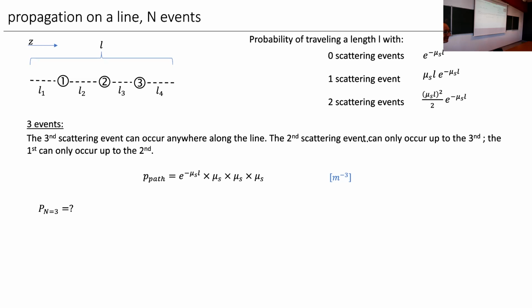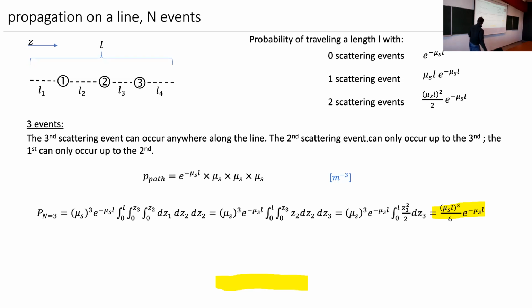We get µs times L to the power n, over n factorial, times e to the minus µs times L. That's indeed what happens, because for three events, event 3 can take place anywhere from 0 to L, event 2 anywhere from 0 to z3, and event 1 from 0 to z2, a cascaded stack of integrals.